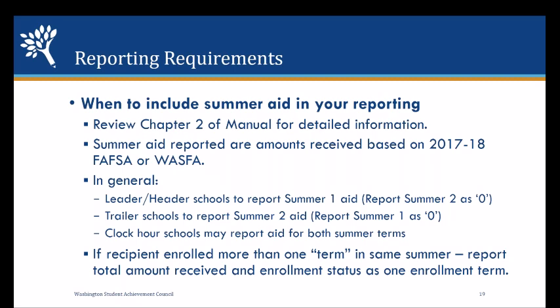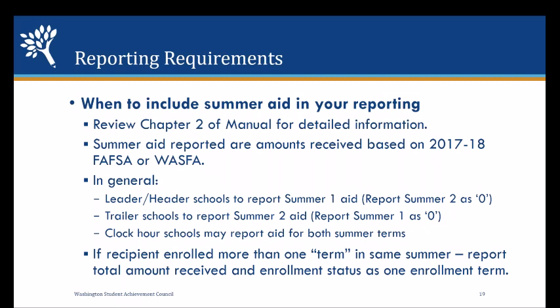If the recipient is enrolled in more than 1 term in summer, report the total amount received and enrollment status as 1 enrollment term. That applies to those terms that you may have as a Summer 1, Summer 2, but it's really part of your summer trailing term.